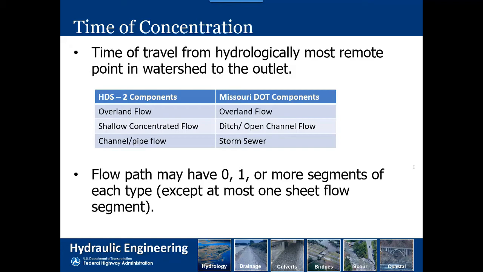So in HGS2, our hydrology manual for Federal Highway, we break it up into 3 components. We have overland flow, or what we call sheet flow. Have you ever seen sheet flow? A lot of times you'll see it in parking lots.